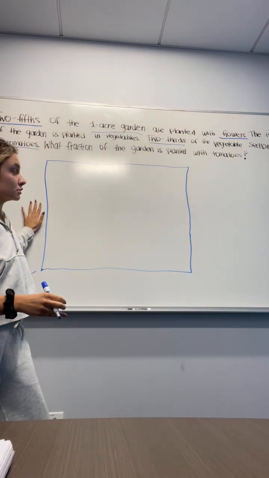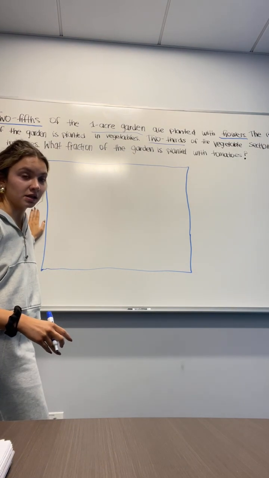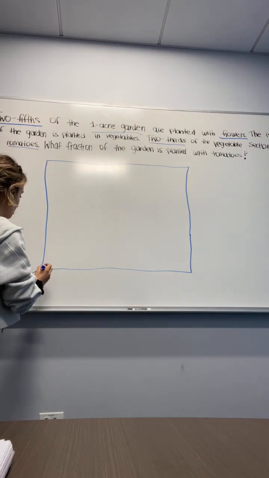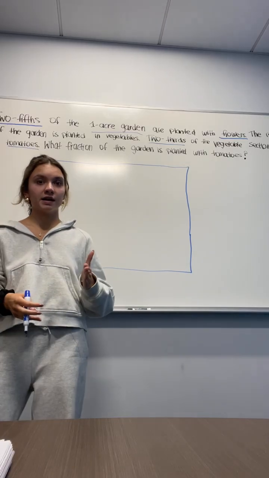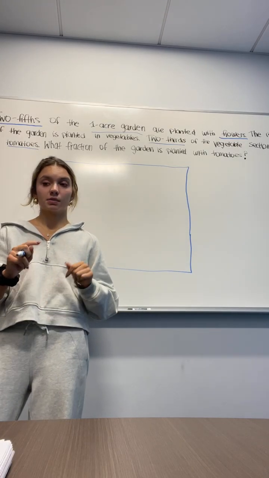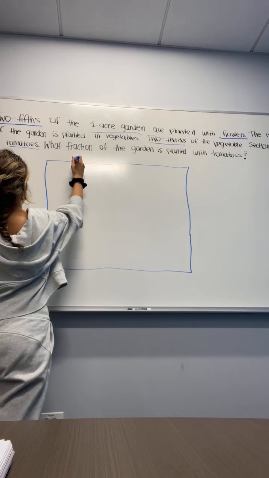But it makes the most logical sense to divide this garden into fifths. So remember, when you are dividing, you want to draw one less line than the bottom number. So for fifths, we're going to draw 4 lines, not 5.